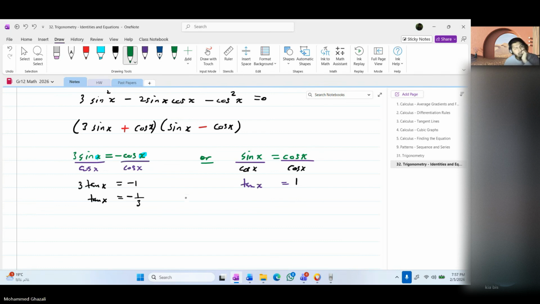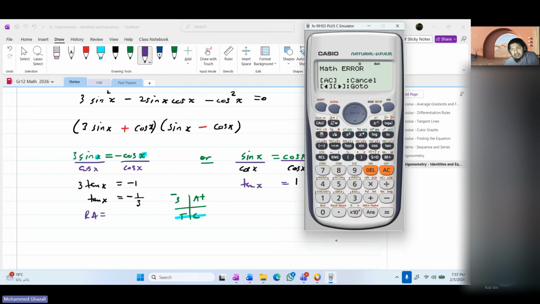Now, we said there's only one general solution for tan, right? Because we don't work with third and fourth quadrants. So tan x is equal to negative 1/3. Tan is negative in the second quadrant and positive in the first quadrant, okay? So on this side, we got reference angle, which is tan inverse 1/3. What is tan inverse 1/3?